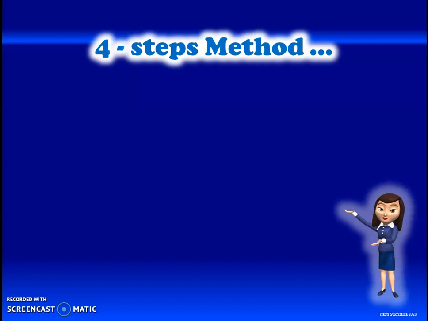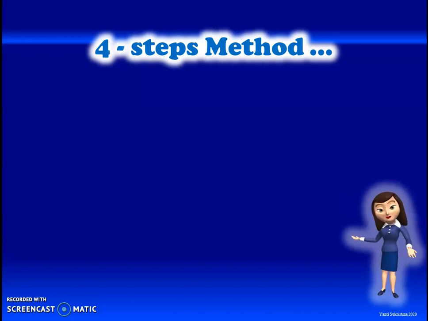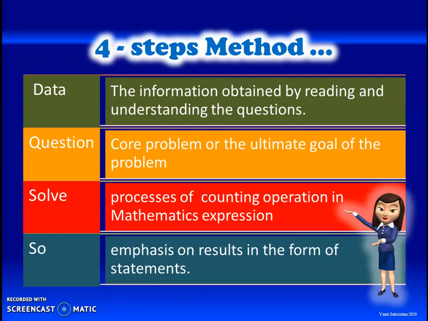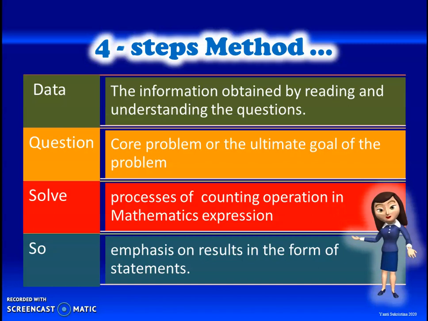To help us solve the problem, we use four steps as our way of thinking. They are data, question, solve, and solve. Data is the information obtained by reading and understanding the question.